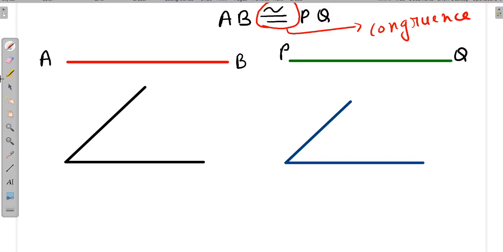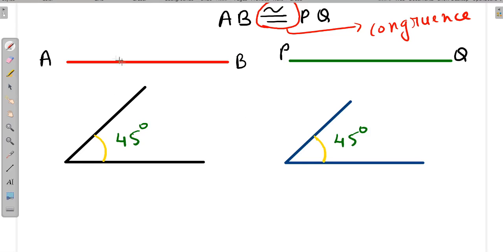Similarly, these two angles are also congruent because they are the same. Suppose this angle is 45 degrees, and this angle is also 45 degrees. Then these two angles are congruent to each other.